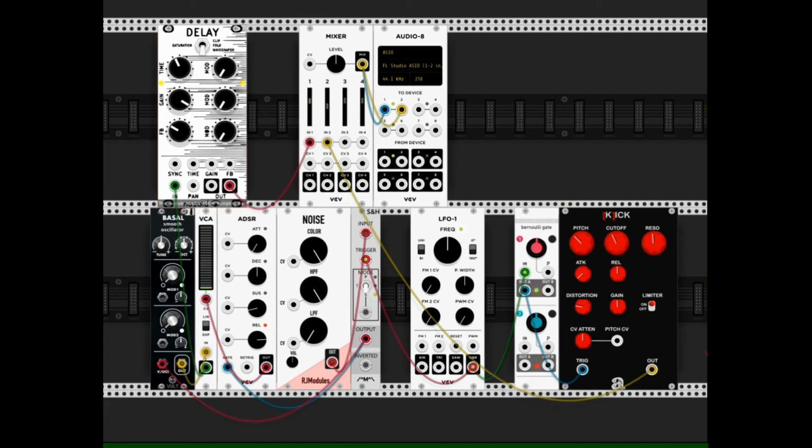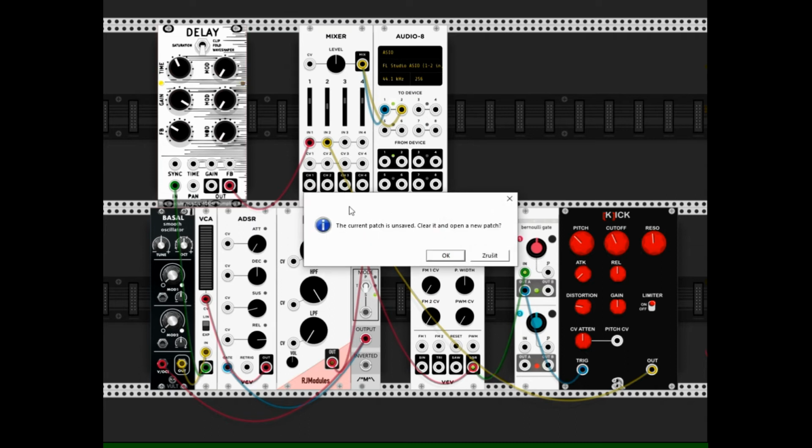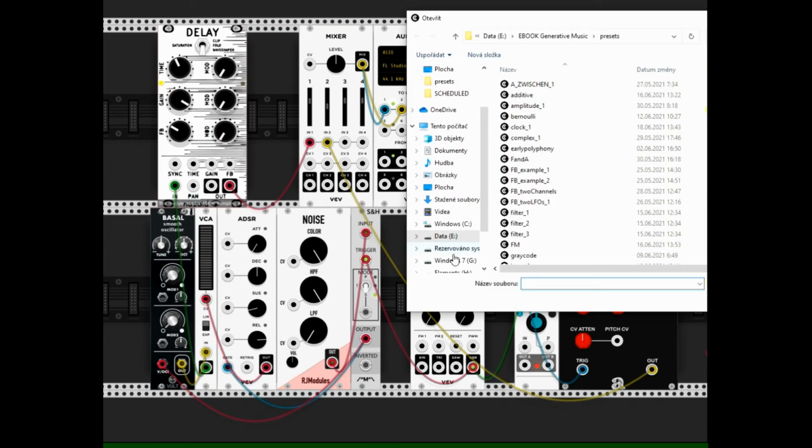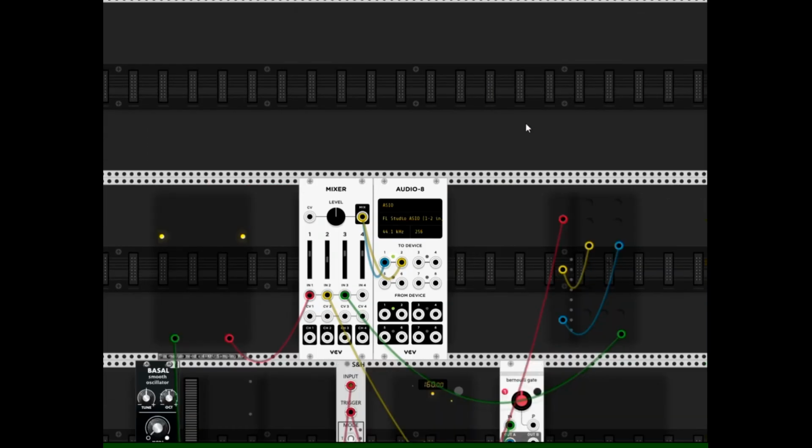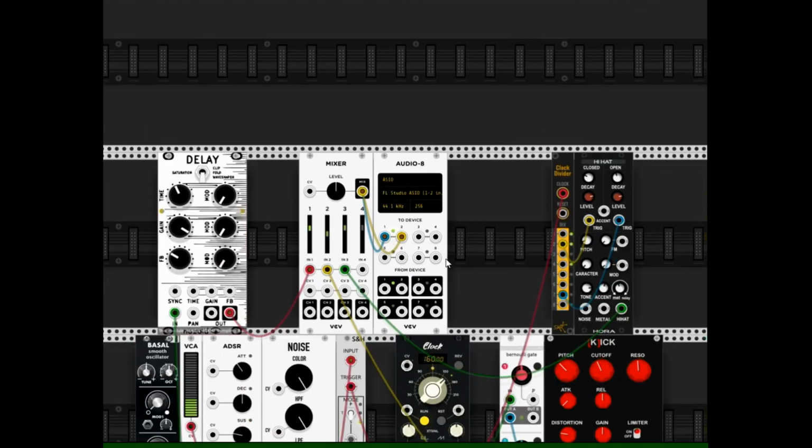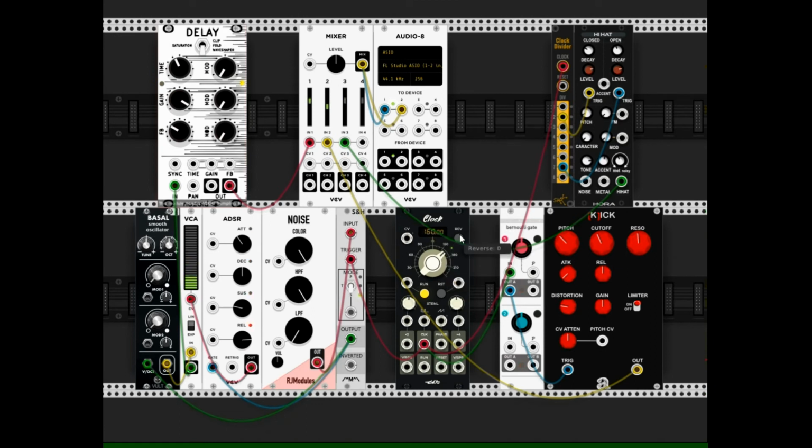So let me go to the next preset, which makes at least one of the problems vanish. It's clock 1. Here we are. Again, only for demonstration, I have added more percussion here, the hi-hat, closed and open.